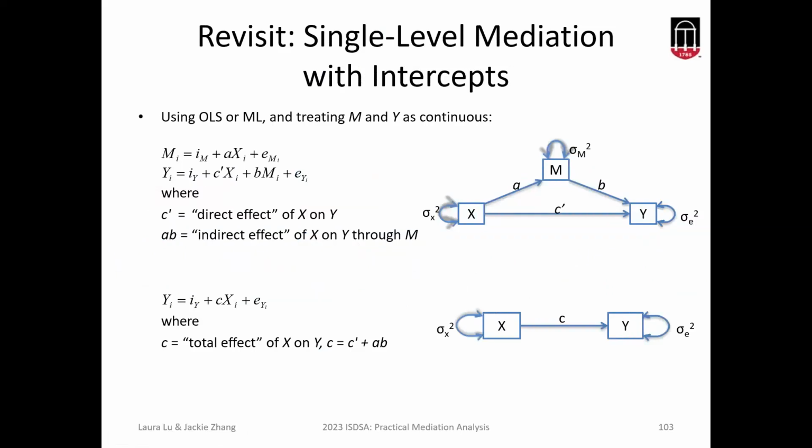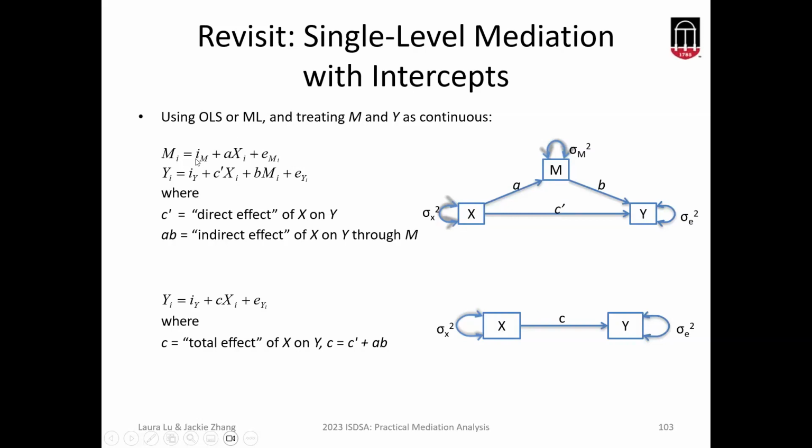Then how are we going to modify the traditional mediation model to have better or more accurate results? Let's revisit the slides. By including intercepts, previously we just ignored the mean part.